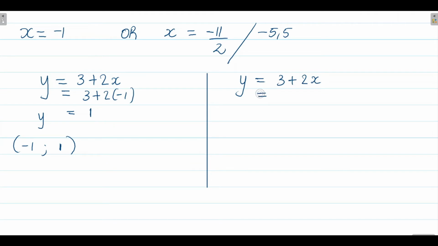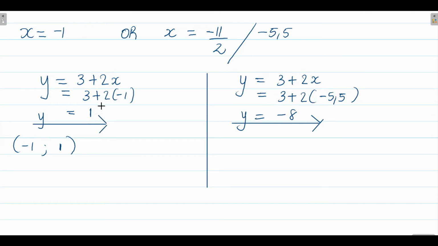You're going to substitute the x value of negative 5.5. So it's 3 plus 2 times negative 5.5, or you can substitute negative 11 over 2. When you punch that into your calculator, you'll find that your y is equal to negative 8. So we've basically solved these two equations simultaneously for x and y.